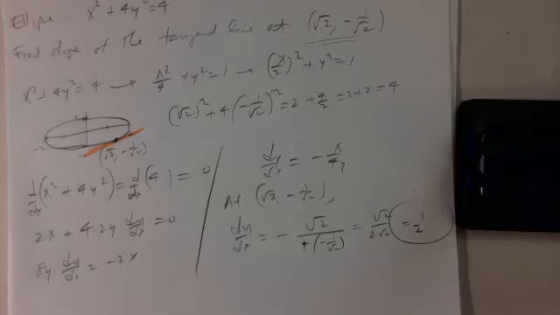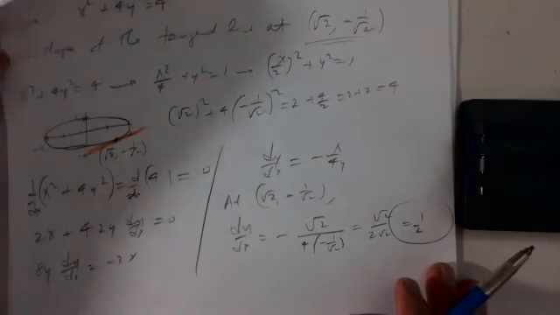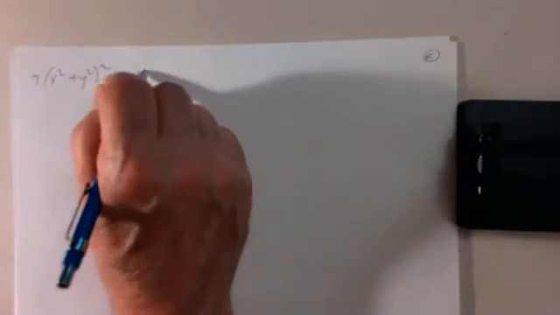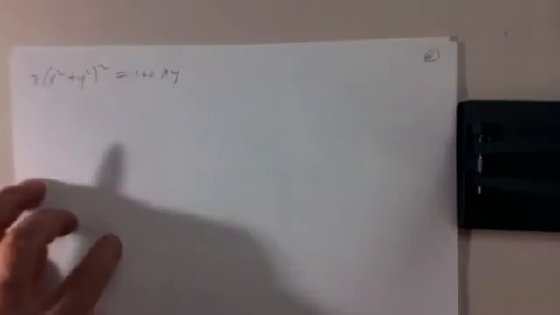Okay, well, let's keep doing some examples. Suppose we have the curve 3 times (x squared plus y squared) squared equals 100xy.